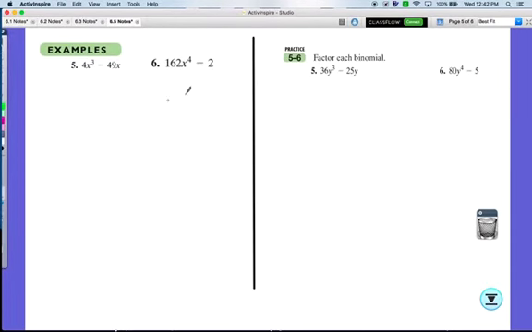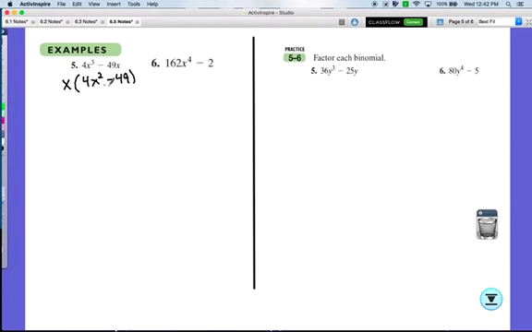All right. So on this one, example 5, notice that both 4x to the third and 49x, they both have an x, so I can factor out that x. If I take an x away from the first one, it'll go from 3 x's down to 2, so 4x squared. And then if I take the x away from the second one, it gives me minus just the 49.